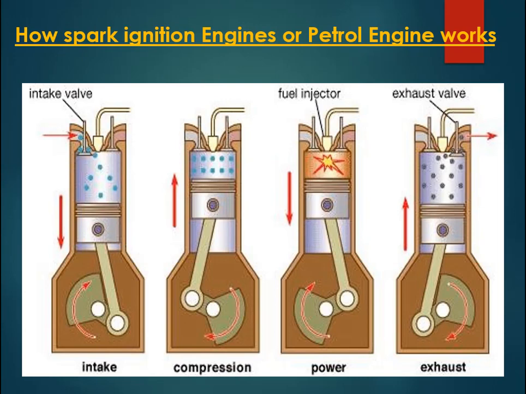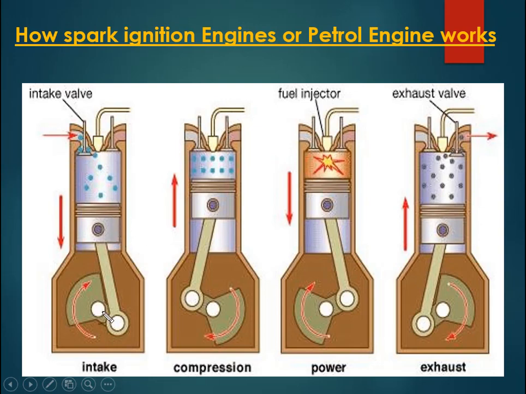A spark ignition engine is basically a 4-stroke engine which consists of intake, compression, power and exhaust strokes. It consists of a cylinder and a piston, and with the help of a crankshaft the piston moves up and down.